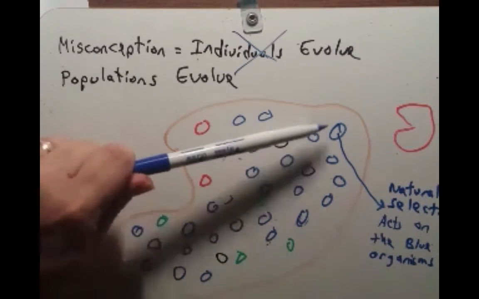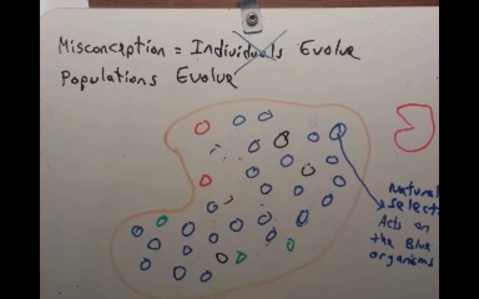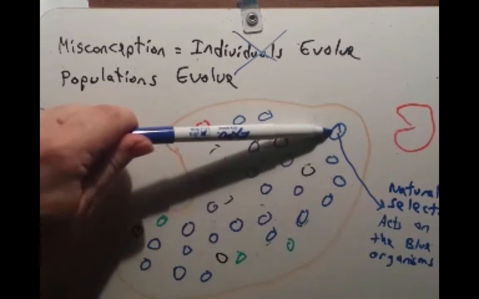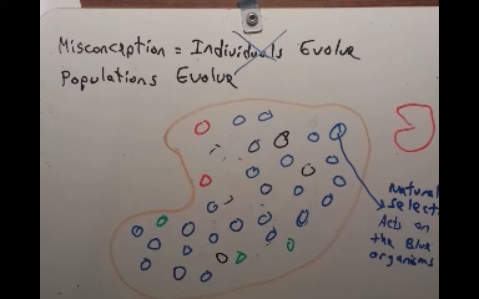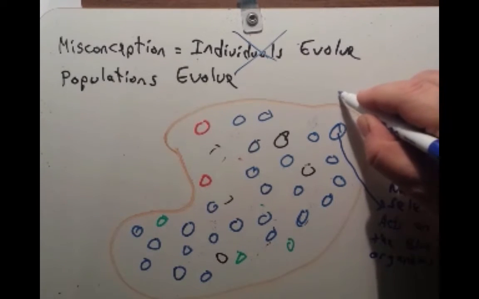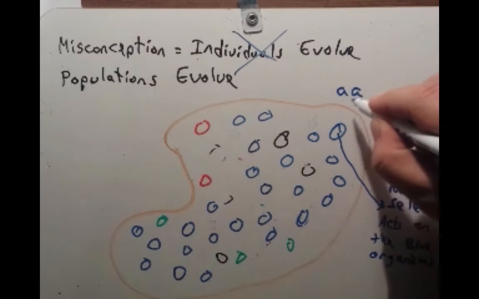So let me say this again. Natural selection acts on the individual, but the impact of evolution is observed in the population. Natural selection selects all the blue individuals, because they're not eaten by the predator. The result is evolution seen in the population, where the whole population now has more blue individuals. Another way we can look at it is this blue individual here, whatever allows it to have an advantage, let's say it has the genes little a, little a.